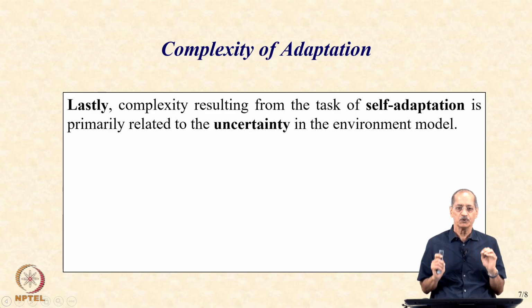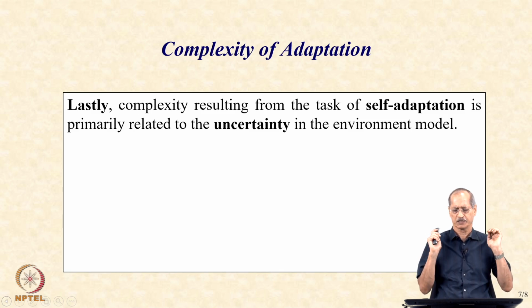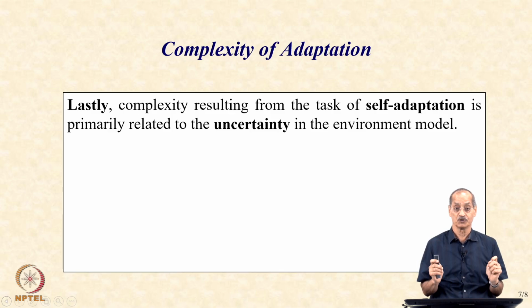We need to realize that this task of self-adaptation is directly related to uncertainty in the environment model. We can have very good sensors, a very clear-cut and very fine perception process, reflection modules, goal management, planning, everything.